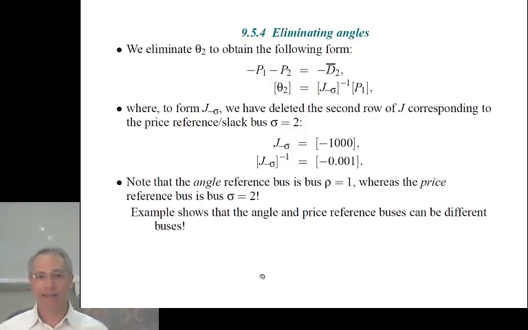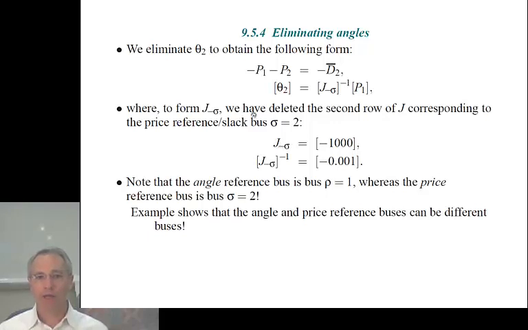If we want to eliminate the angles, we can do that by first writing down power balance. Clearly the generations have to meet the demand, and then solving for theta 2 by taking the appropriate entry of J corresponding to minus sigma, taking the inverse of that 1 by 1 matrix and multiplying it by P1.